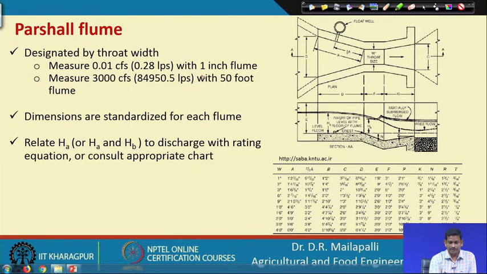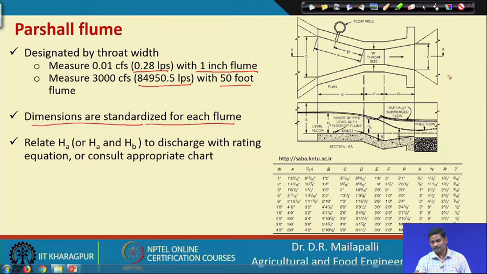If you have a throat width of 1 inch, the flume is a 1 inch flume, and it measures around 0.28 LPS. With a 50 foot flume, it can measure up to 84,950.5 liters per second. The dimensions are standardized for each flume.